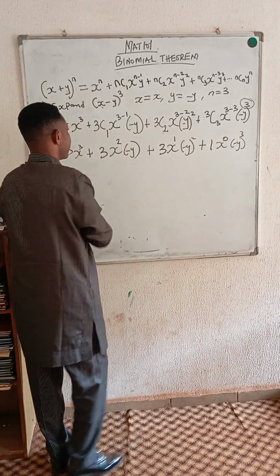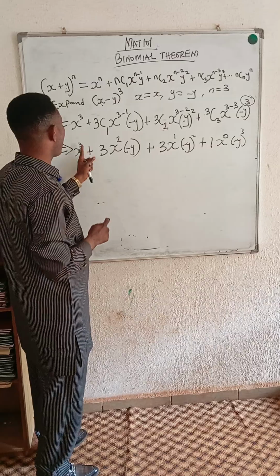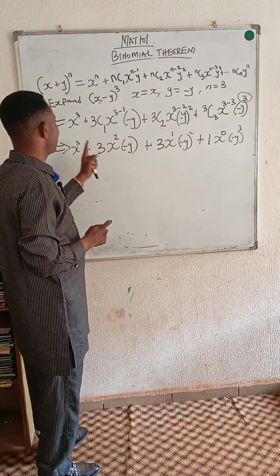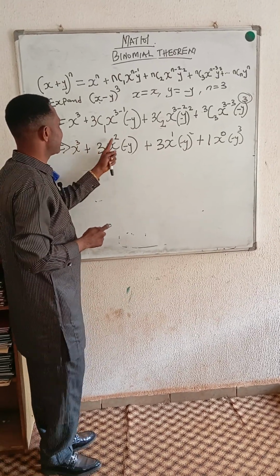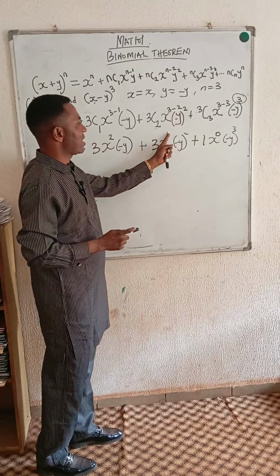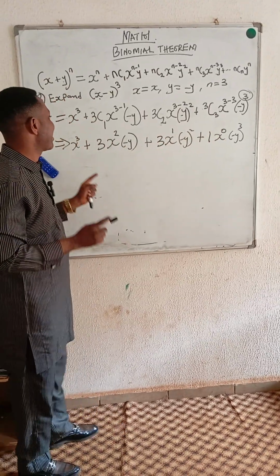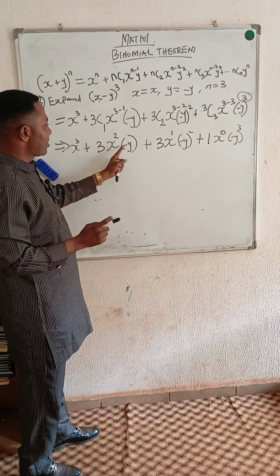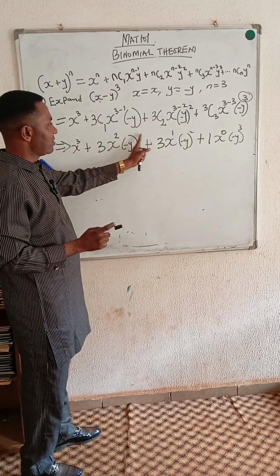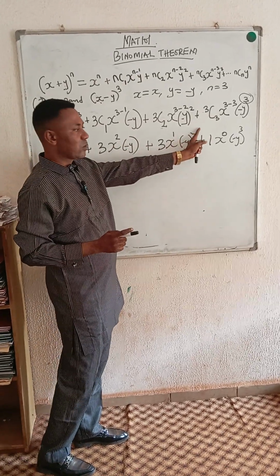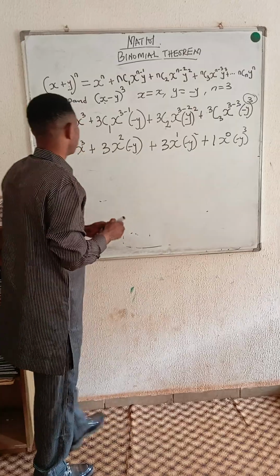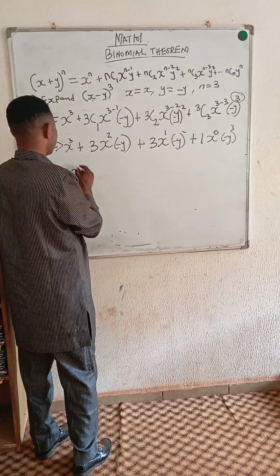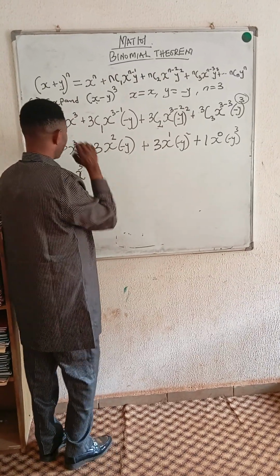If you look at it critically, the power of x reduces. Look at here, x power 3, power 2, 1, 0. But the y increases. Here, there's no y. But here, minus y power 1, minus y power 2, minus y power 3. So finally, here, say x^3 plus.